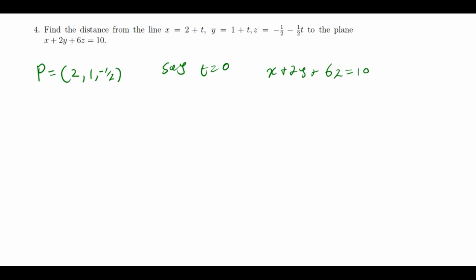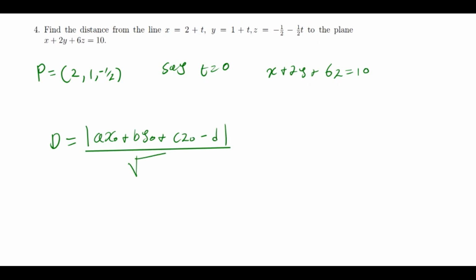The formula that we use to find the distance is: distance d equals the absolute value of a times x naught plus b times y naught plus c times z naught, minus d, divided by the square root of a squared plus b squared plus c squared. So now the question is, which one is your a, b, c, and d, and which one is your x naught, y naught, and z naught?